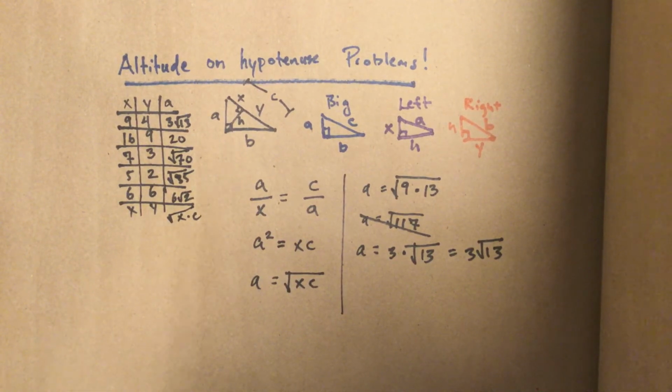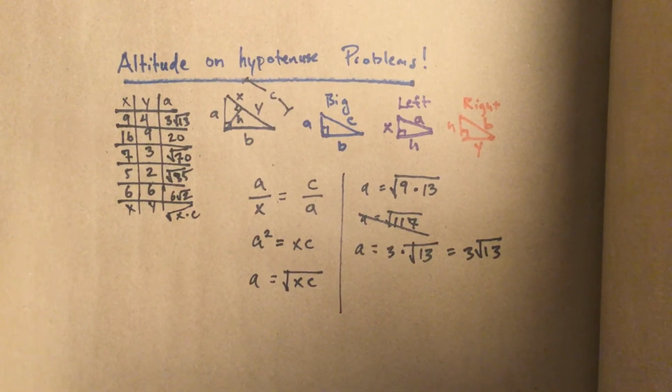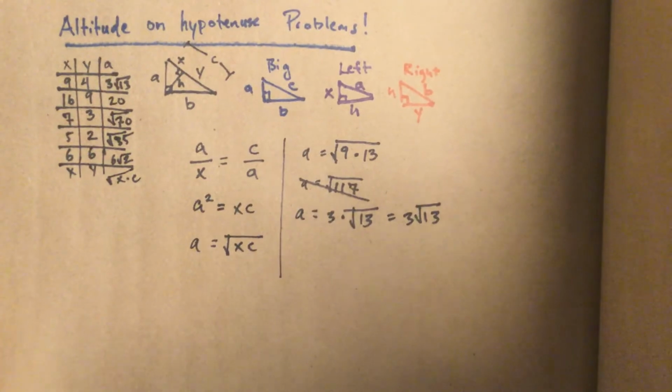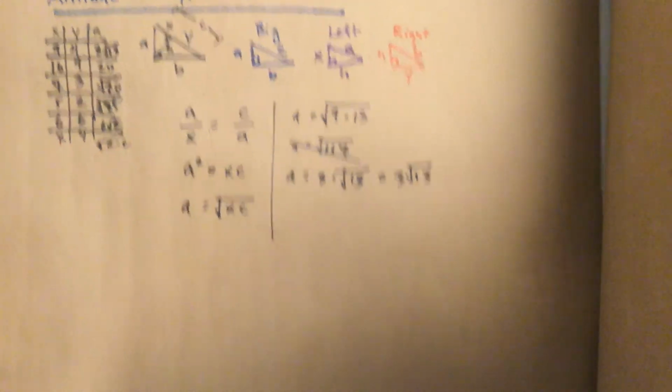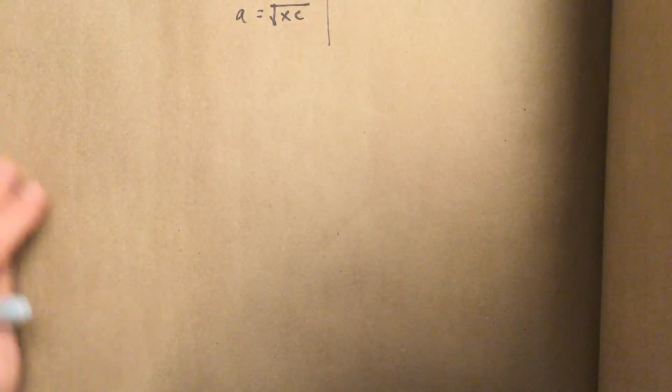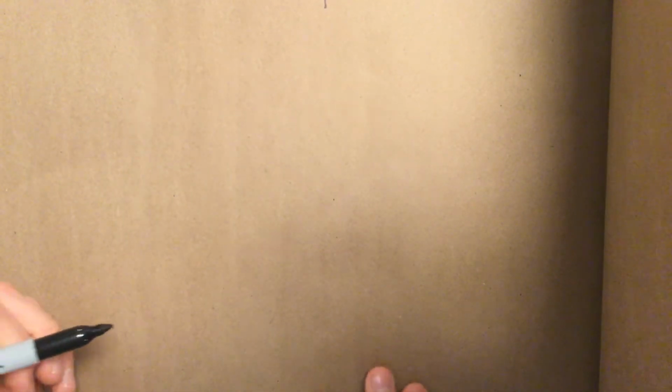So give that a try. Rotate your triangle. See if you can match the formula and give question number 2 a try. Pause the video, give question number 2 a try, and then unpause the video when you want to see question number 2. All right, so here's question number 2.